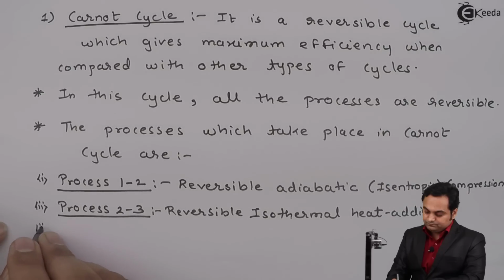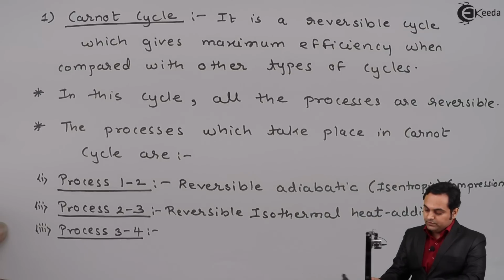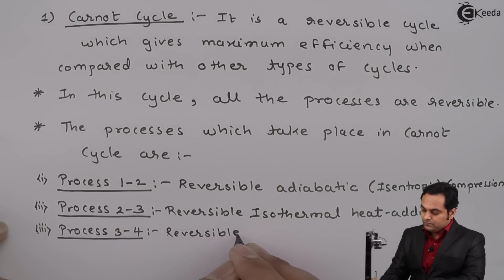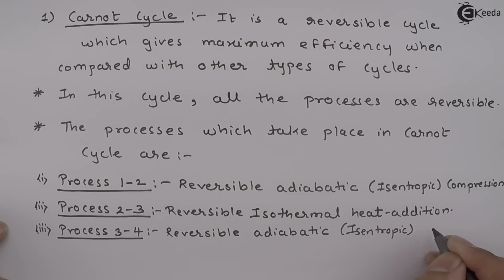Then process 3 to 4, it is reversible adiabatic, which is again isentropic expansion.